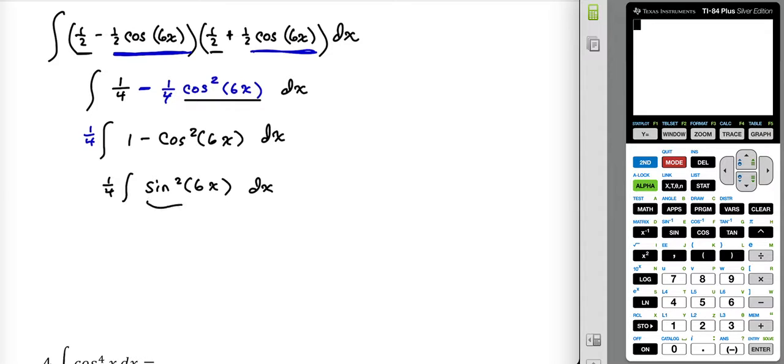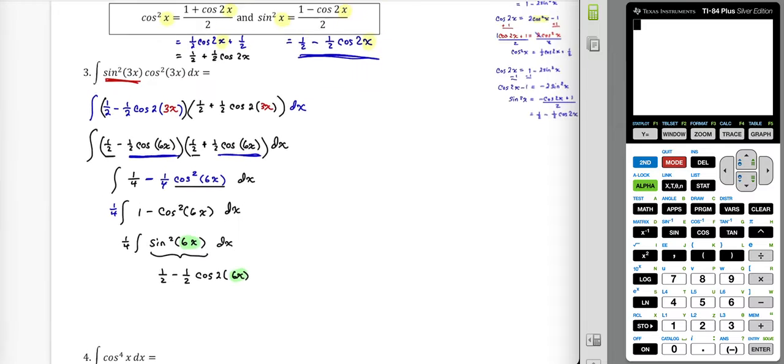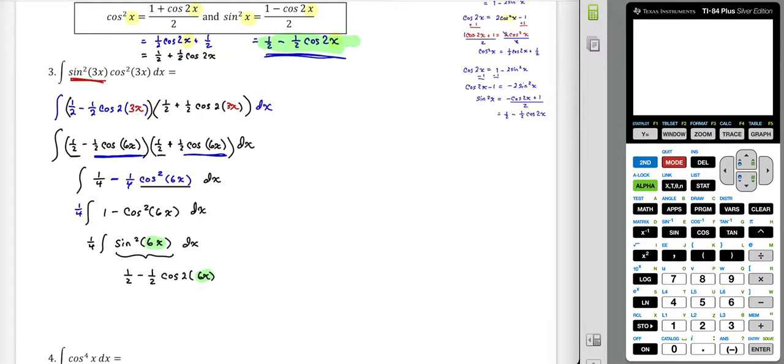I'll make the substitution here, 1/2 minus 1/2 cosine of 2 times the argument, which is 6x. Again, just applying this rule.